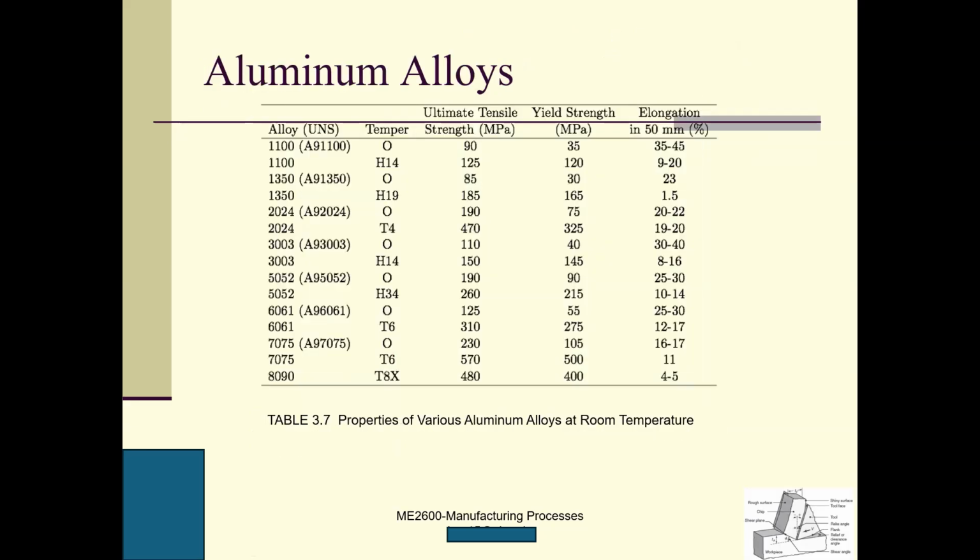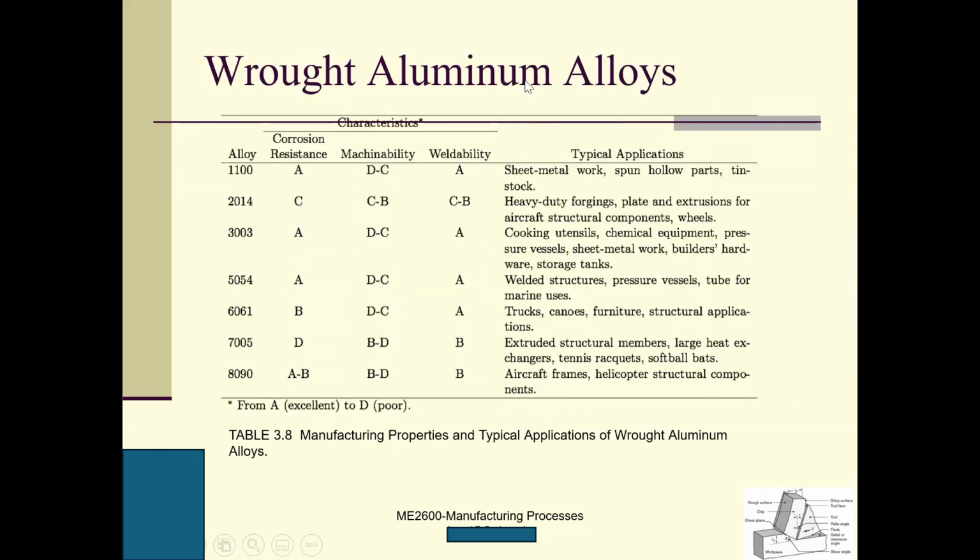Aluminum alloys are also commonly used because they are kind of cheap. By the way, pure aluminum is almost useless. I'm sorry, not useless. We don't apply pure aluminum often. Pure aluminum is too soft. This is wrought aluminum alloy.